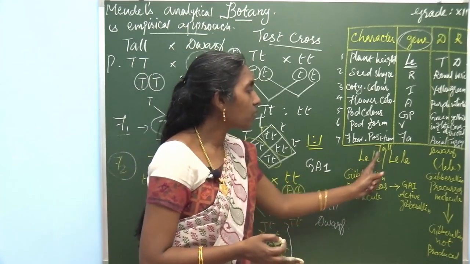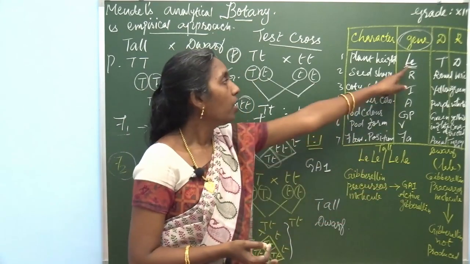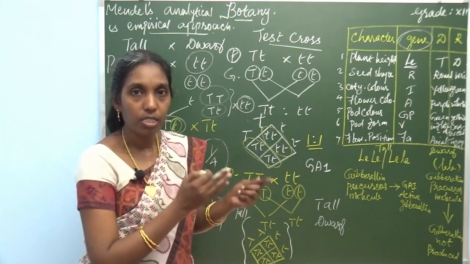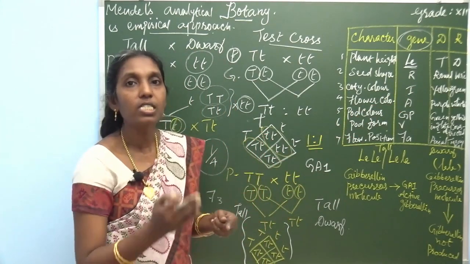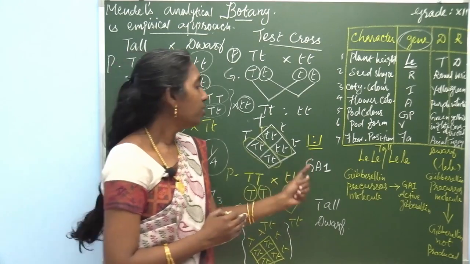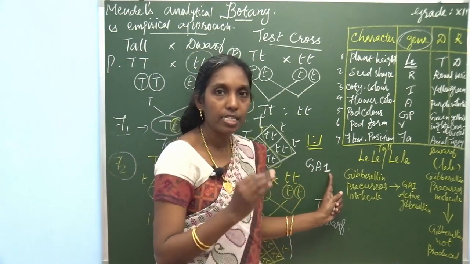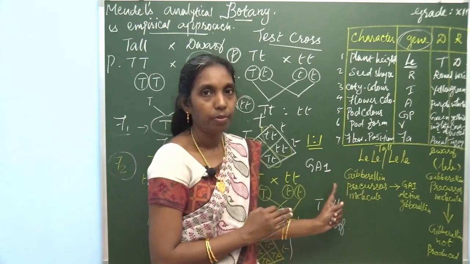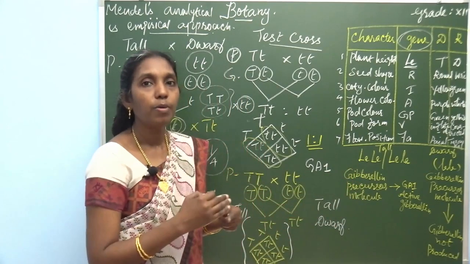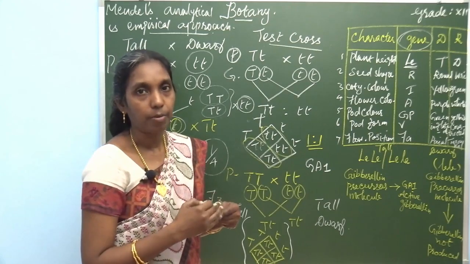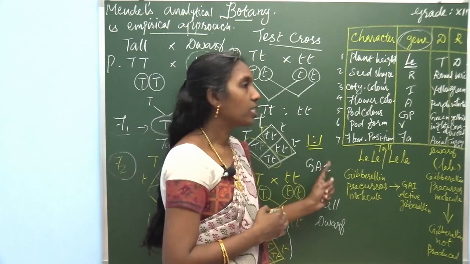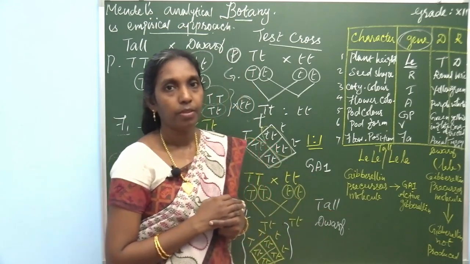Whether it is in homozygous or heterozygous form, when LE is present, it encodes the enzyme which converts the precursor molecule into GA1, the enzyme which activates the synthesis of gibberellin. This is encoded in tall plants.